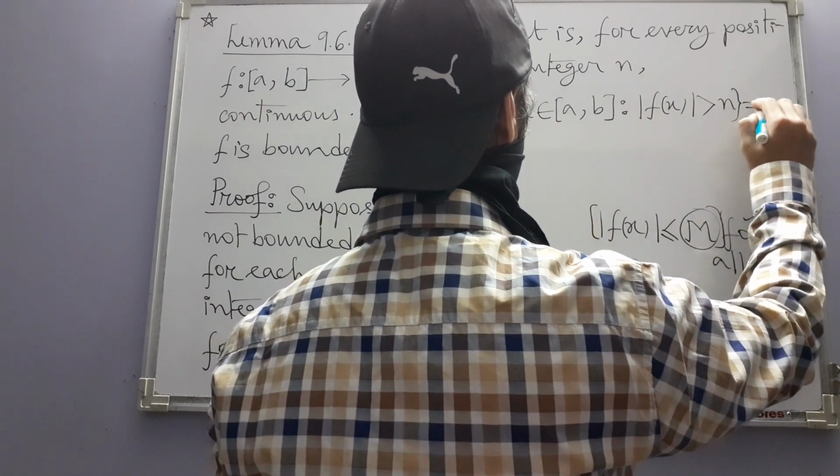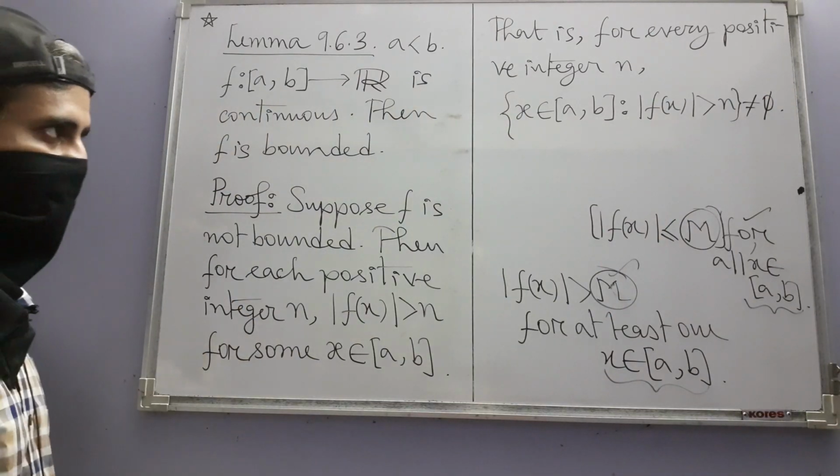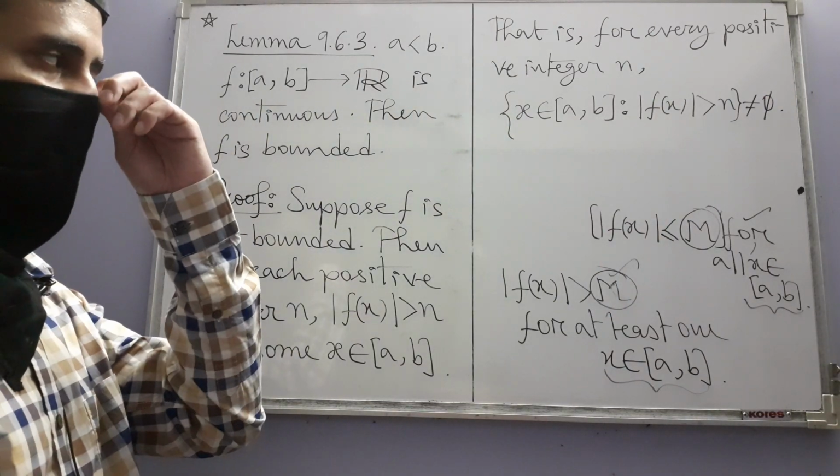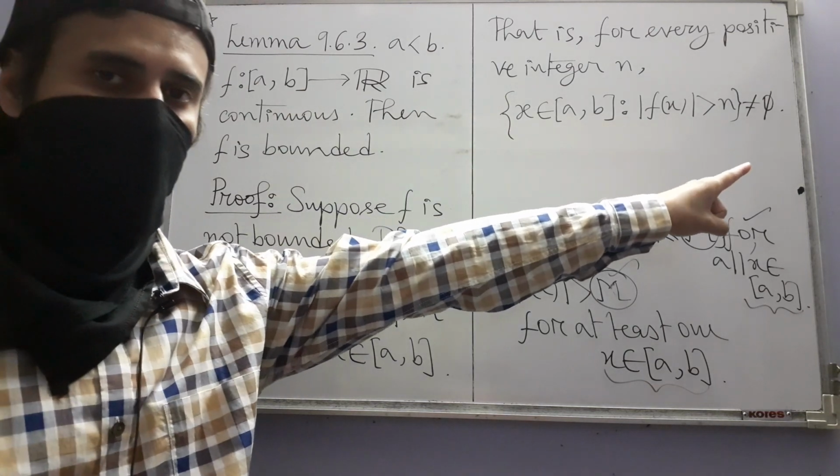This is a non-empty set because there is at least one such x. So this is the set of all the inputs x for which that happens.